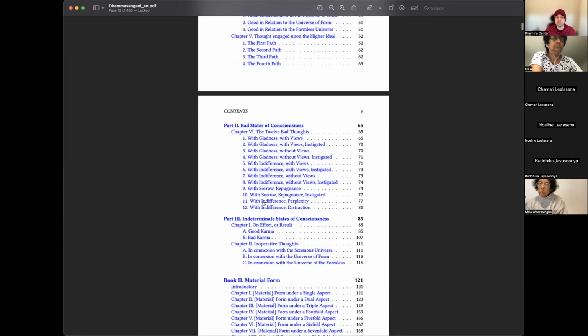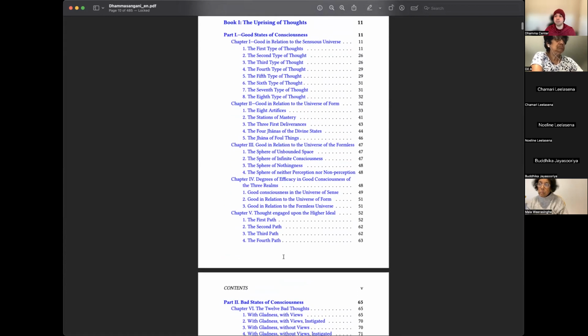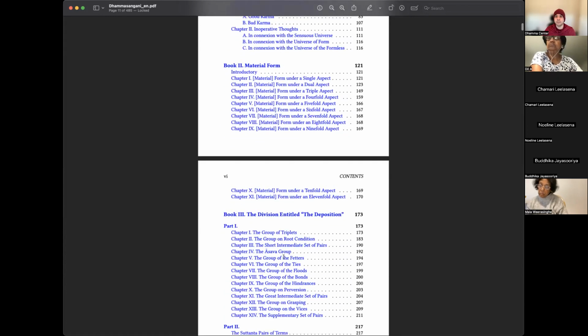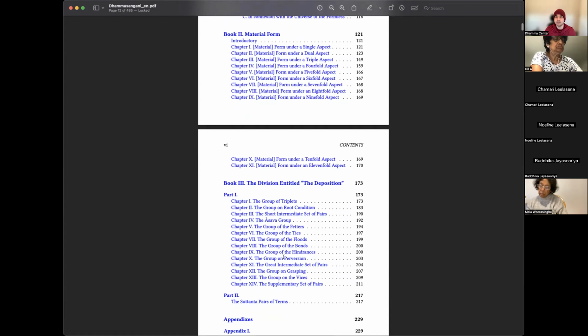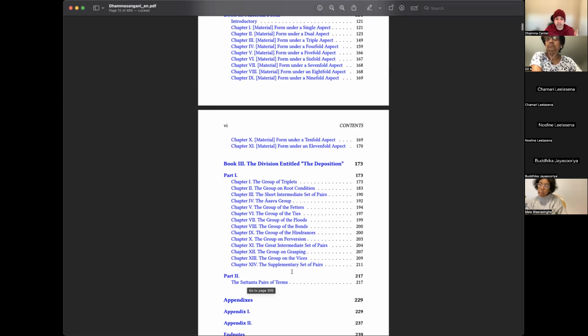Explanations of what? Explanations of the 66 Tikamatikas, 200 Dukkamatikas, and the Suttantika Dukkamatikas. The Suttantika part is the last part of it. This part 1 would be the Tikamatikas and the Dukkamatikas. Is that understood, everyone?